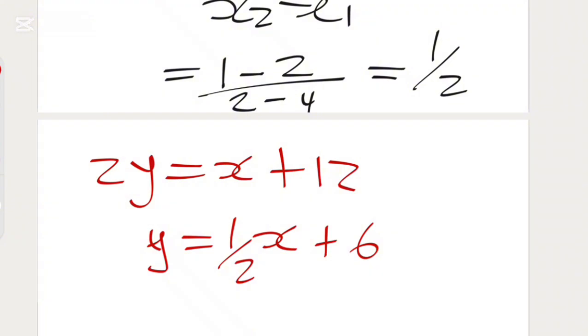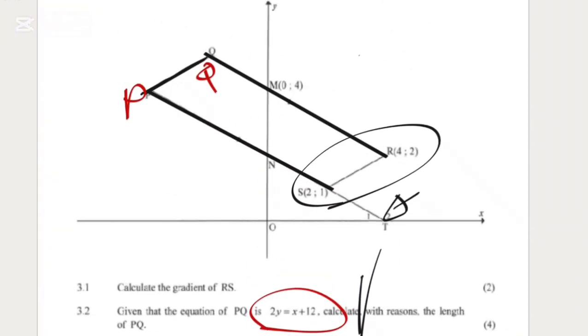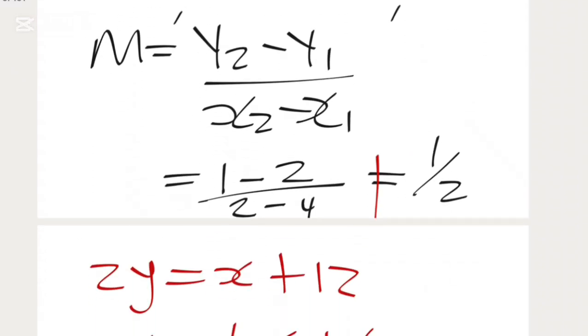So this gradient is 1 over 2, meaning it's also parallel to this one, because it is also 1 over 2, and that makes this thing a parallelogram of some sort.